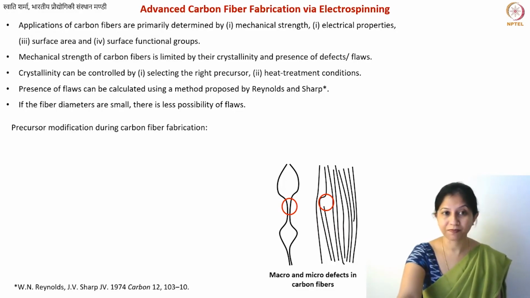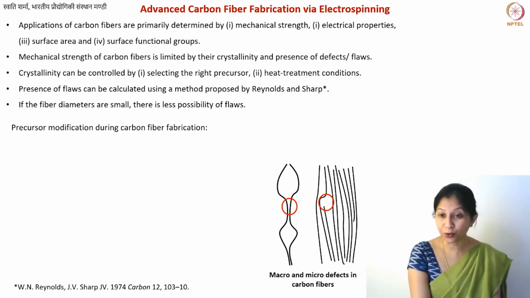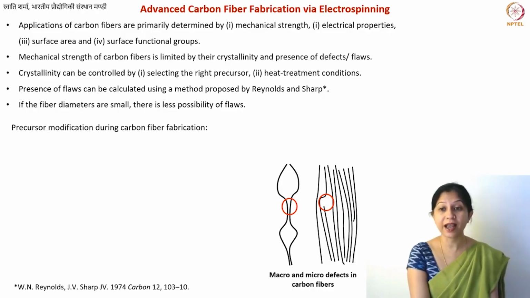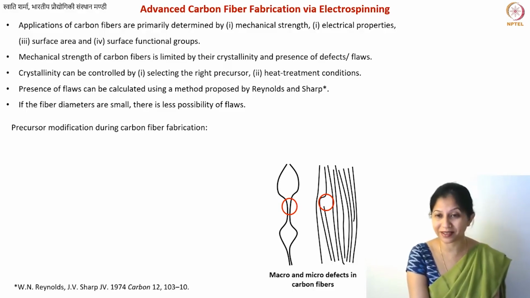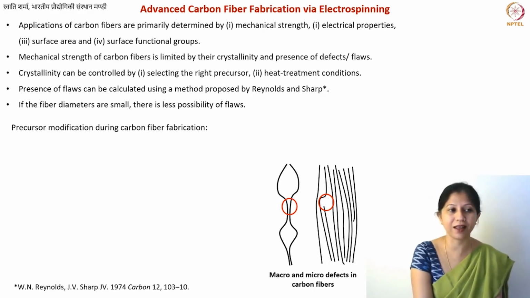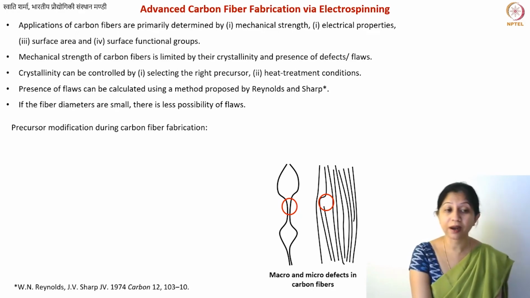Okay, now let's talk a little bit about what we can do to our electrospun fibers, what modifications we can make in the polymer precursor, and that's how we can get more advanced carbon fibers. So basically they are somehow better or different or more improved compared to our standard regular carbon fibers.